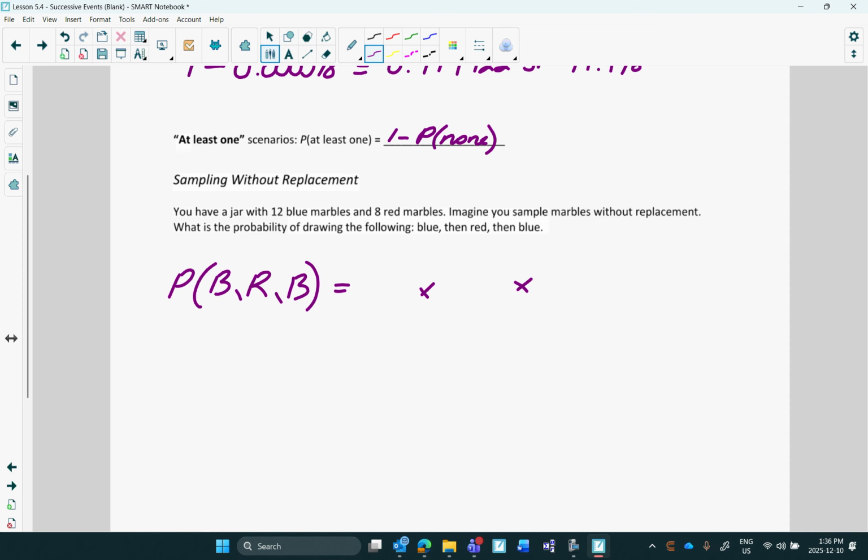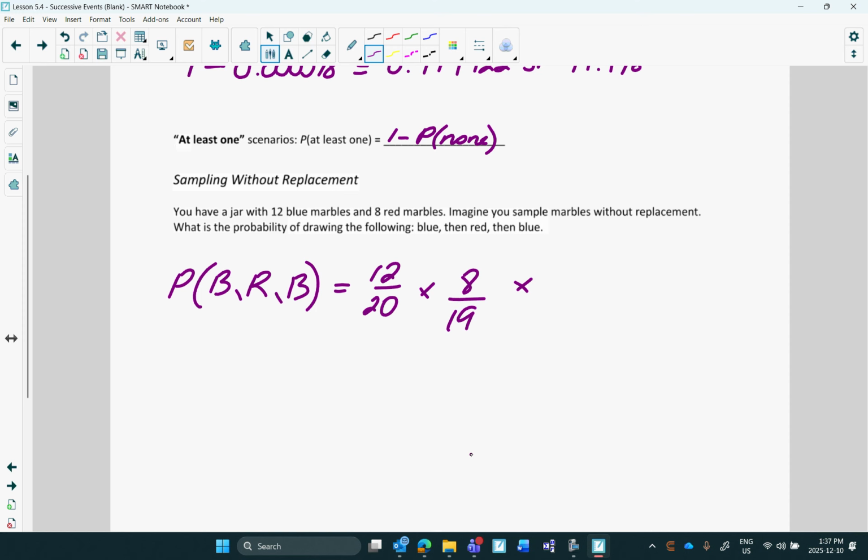Okay, so what's the initial probability of drawing a blue when all 20 marbles are in? 12 out of 20. And a blue marble has now come out. So what's the probability of drawing a red? There's still 8 reds in there, but there's only 19 total marbles. Then a red came out. So we got a blue out, a red out.